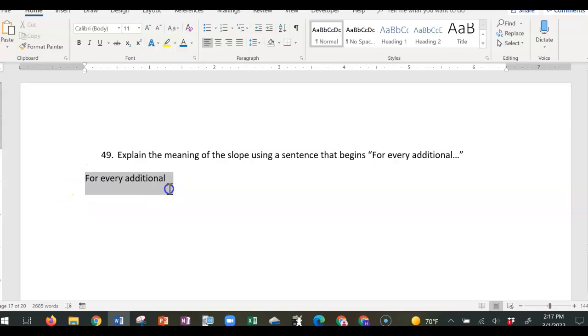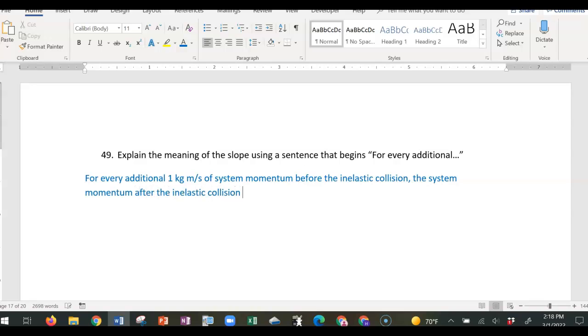So for every additional 1 kilogram meter per second of system momentum before the inelastic collision, the system momentum after the inelastic collision increases by 1.005, and that's kilogram meters per second. Okay, so as the momentum before the collision increases, so does the momentum after the collision.